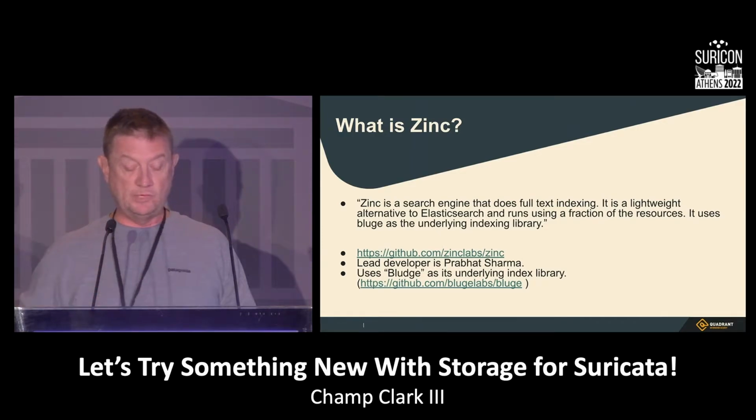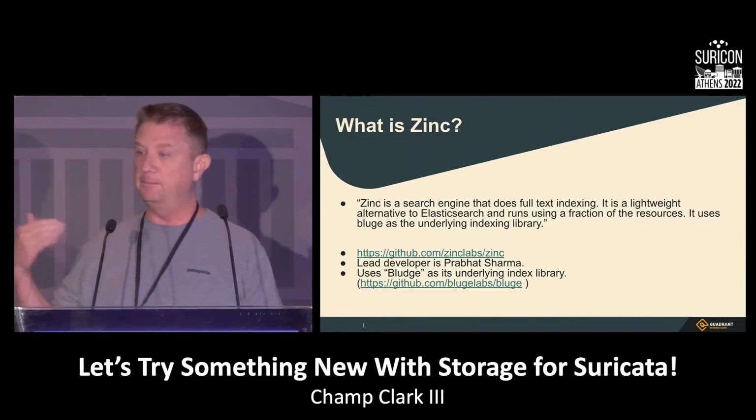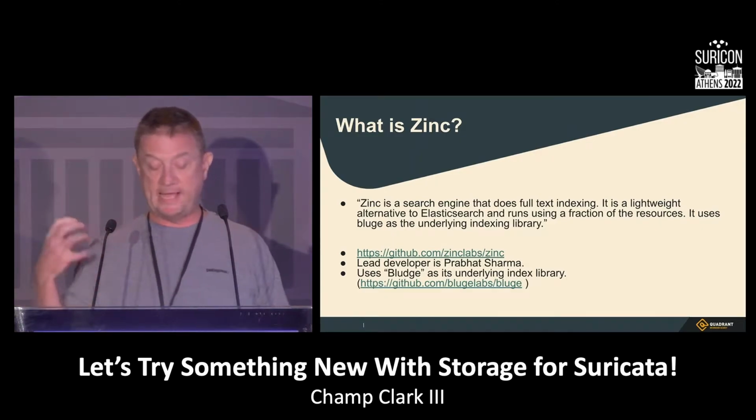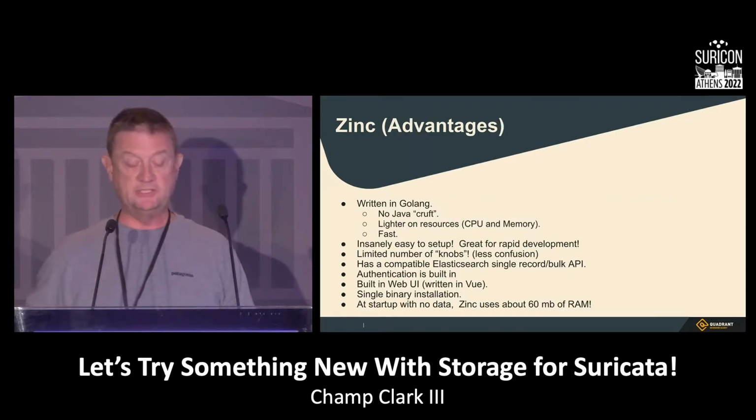This is where you can find Zinc. It's over on GitHub. It's actively being developed by Prabhat, who is a really nice guy. I've had the pleasure of talking with him a couple of times. He has big ambitions for this project. It uses Bluge as the underlying index engine backend. It looks like a very promising project. As I said, still very, very new.